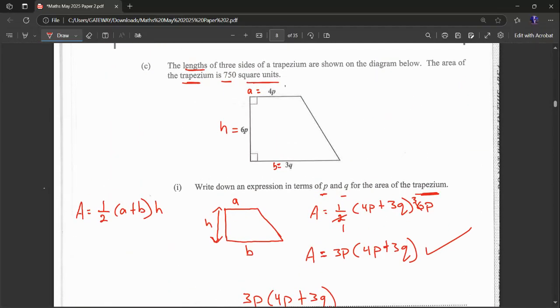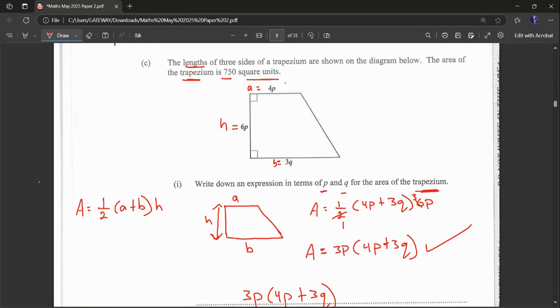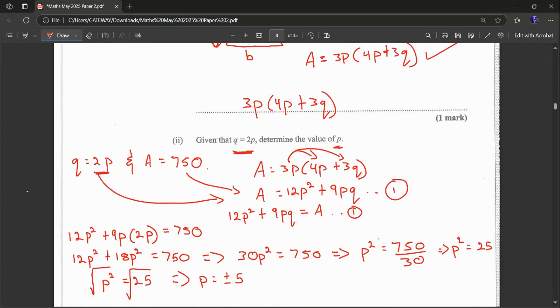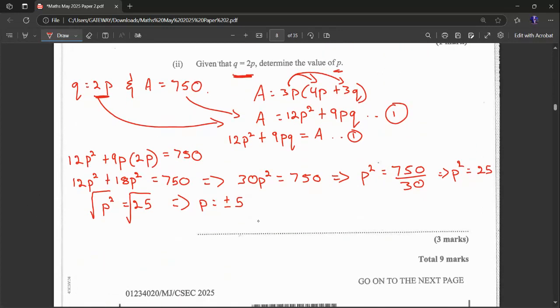Length is a scalar quantity. Length cannot be negative, so you will just take the positive value, which is positive 5. So P is equal to 5 units. Right? And that is basically the answer for that. And this is a total of 9 marks for this entire question too. Algebra.